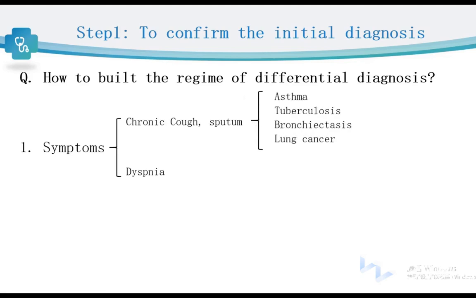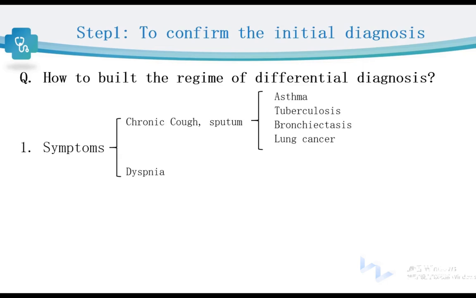We can find that the asthma patients usually got cough or sputum, and so as to the tuberculosis, lung cancer, and so on. So once we diagnose a COPD according to the symptoms of cough and sputum, we need to exclude this differential diagnosis.